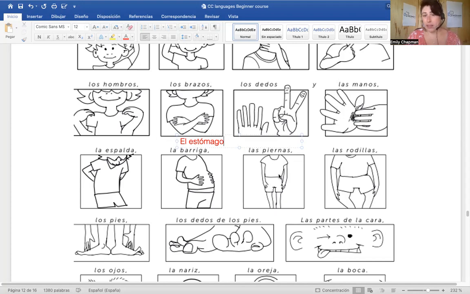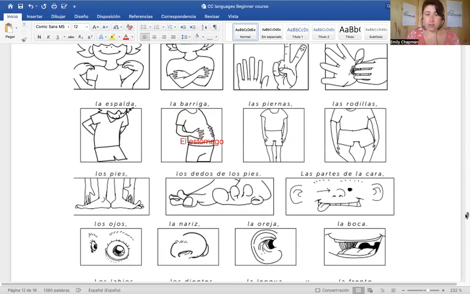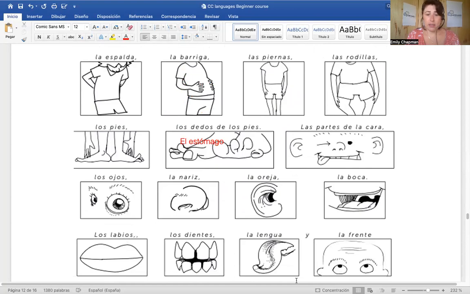Las piernas, legs, las rodillas, remembering the y sound of the double L, and also remembering that when a word starts with an R, we would roll the R. Las rodillas. Los pies.